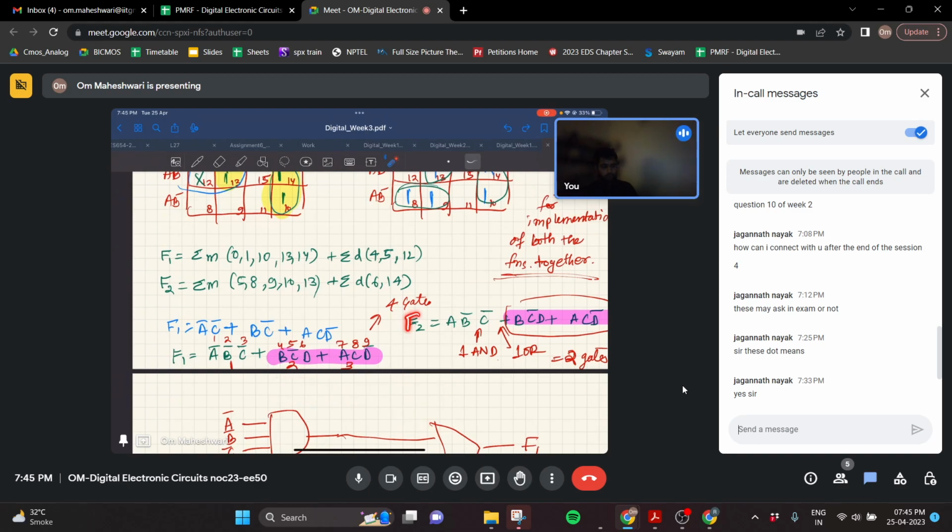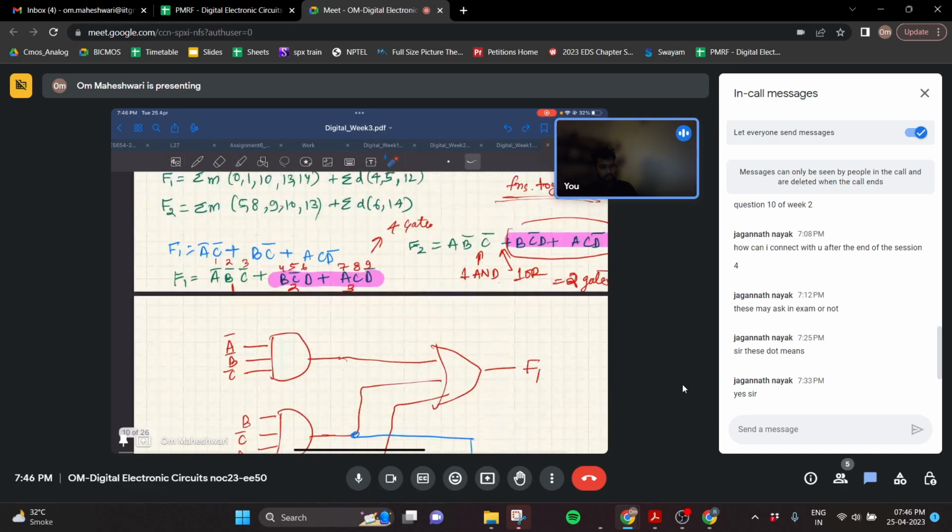Now if you look at f2, we have these three literals, a b bar c bar, and these are already common. These are already implemented here. So we won't need to count 4 5 6 7 8 9 of this, because we are using it common. We just need two more gates, right?